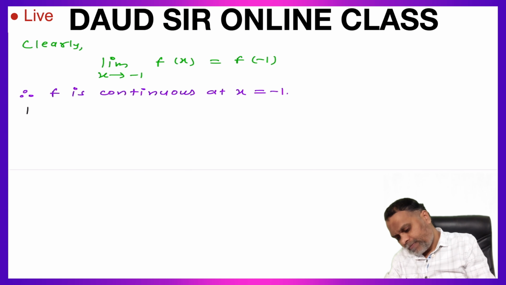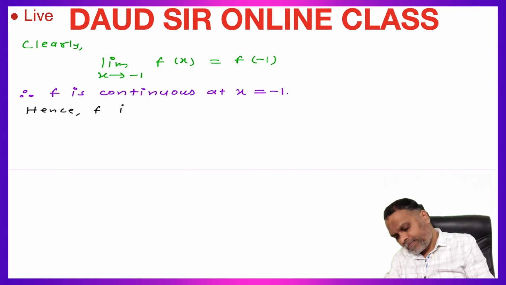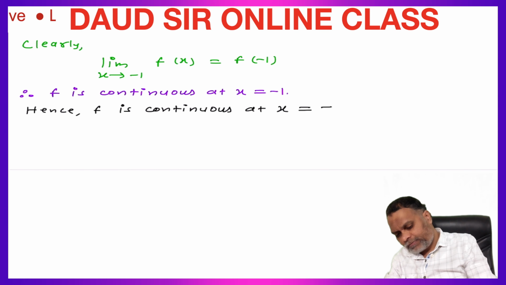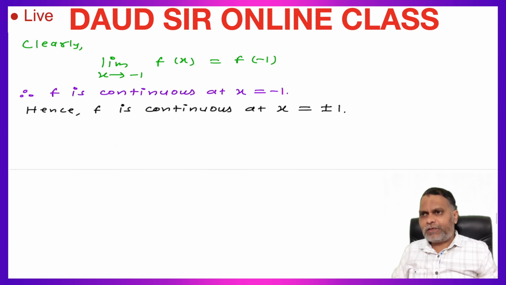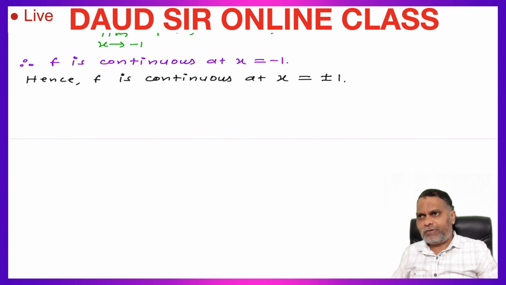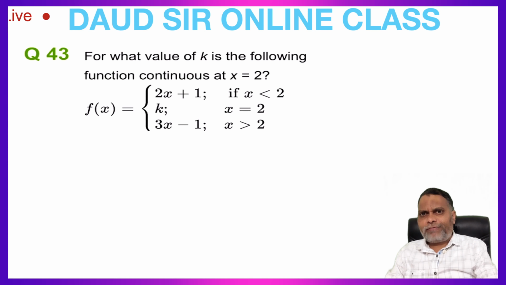Hence, f is continuous at x is equal to plus minus 1. So here we discussed the continuity at x is equal to plus minus 1. Function is continuous.